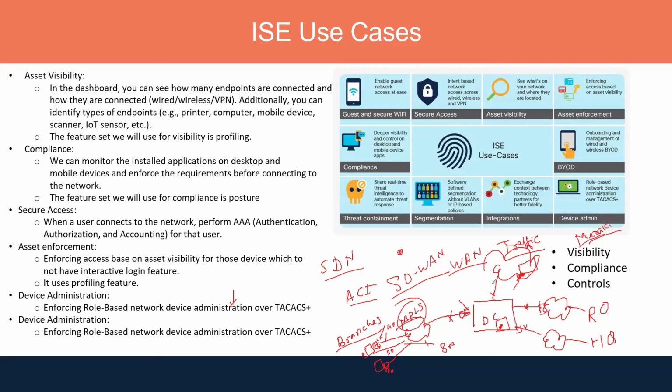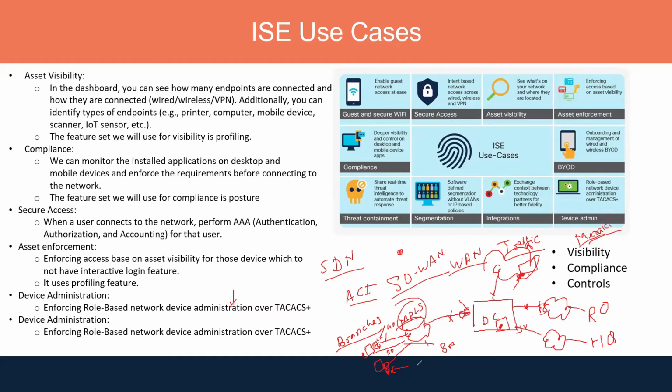So how is ISE integrated with SD-WAN? ISE is integrated like this: you have a wireless controller over here, right? And a user wants to connect through the wireless controller from here. How is this wireless controller going to authenticate that this user should be able to connect to which SSID?